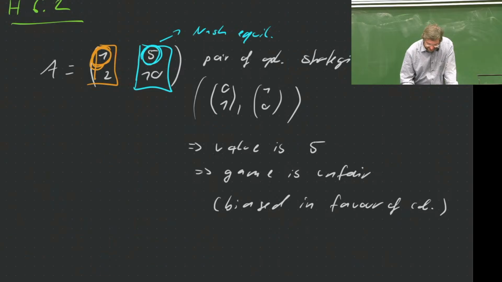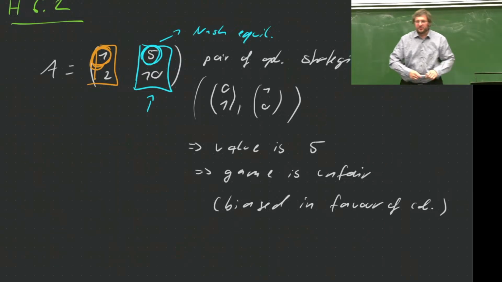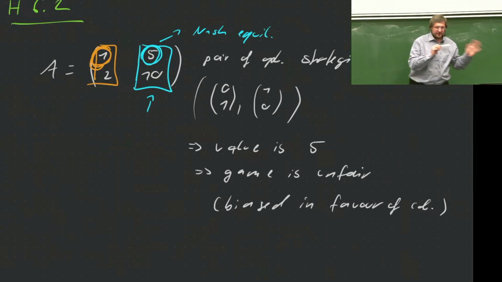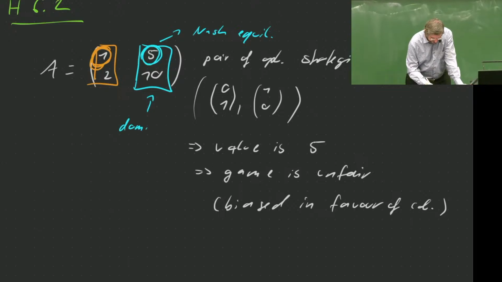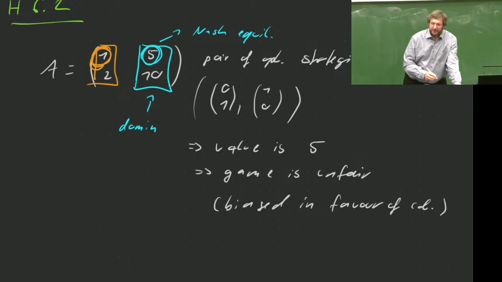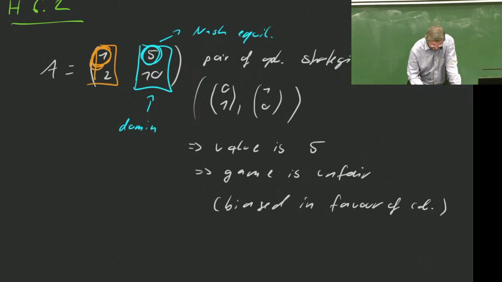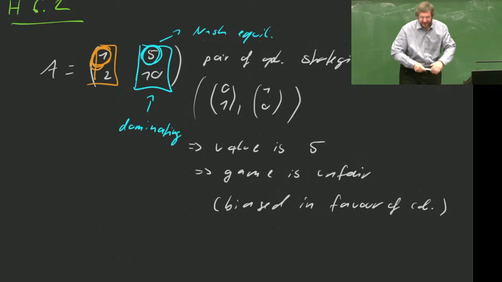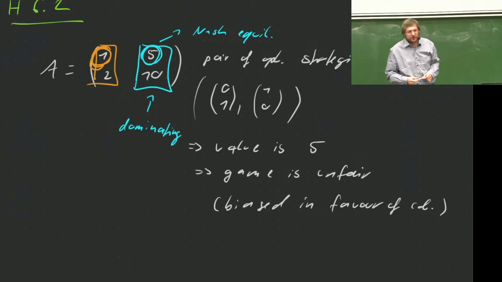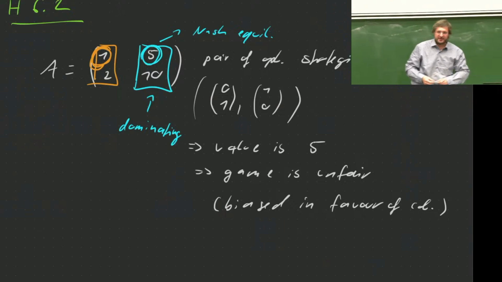So that means that second column will always be chosen by the column player. There is no incentive to choose the first column. If we have an action like that, then this is called a dominating action. It would be a dominant strategy to just play this and nothing else. So it's always better no matter what the other player does.